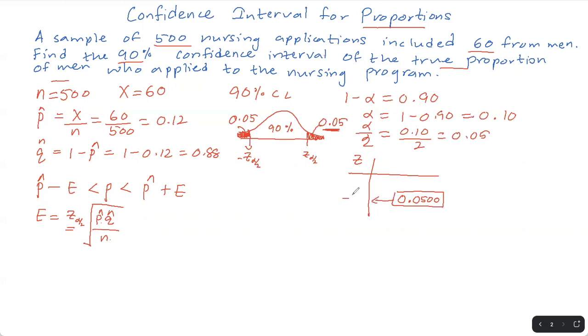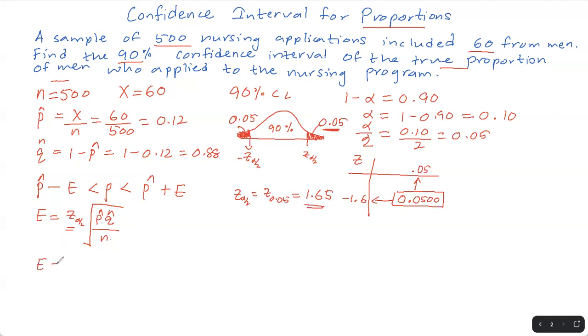You will see this is negative 1.6 and the second decimal place is 0.05. So this is a negative number, right? But we only need a positive Z alpha over 2. So the z-score corresponding to the area 0.05 equals 1.65. Okay, just the positive value.